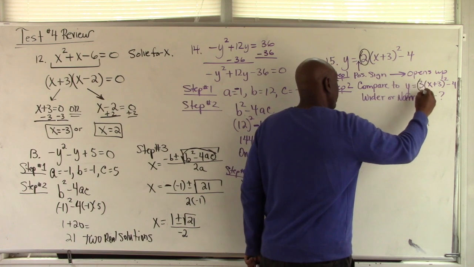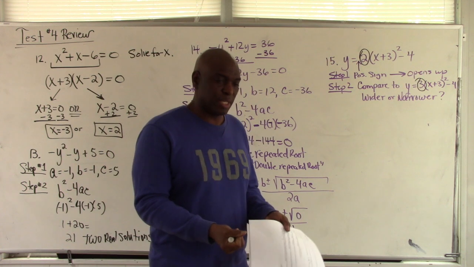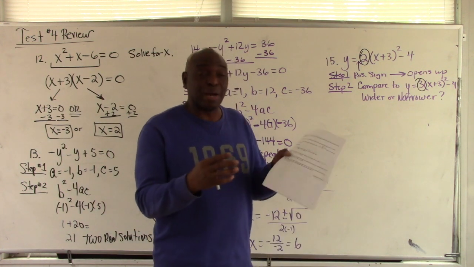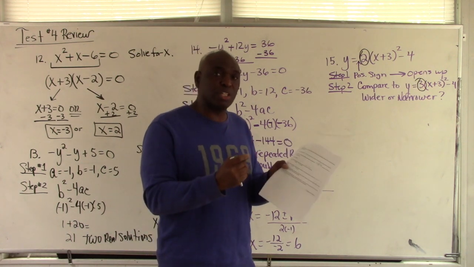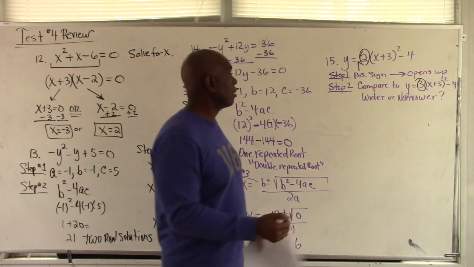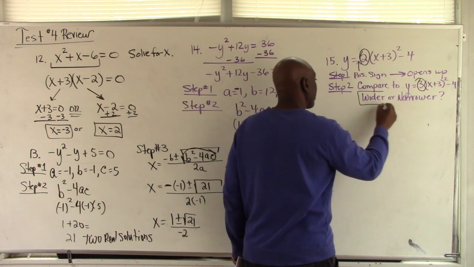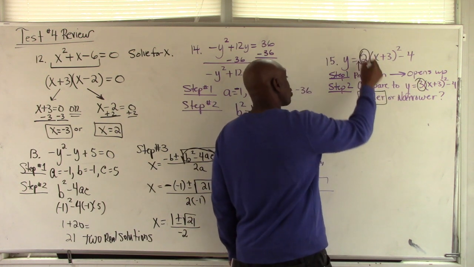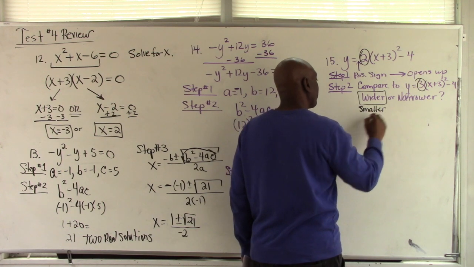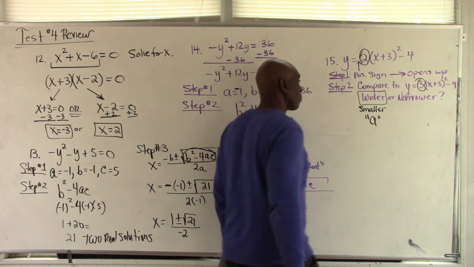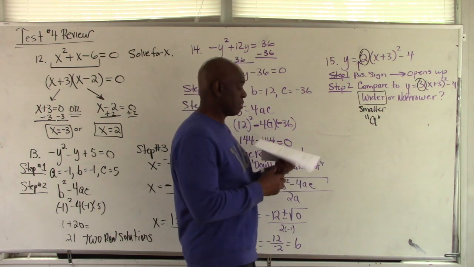This number here is 3. And the smaller that lead coefficient is, the wider the parabola is. The smaller the lead coefficient, the wider the parabola. So this parabola here is wider because the A is smaller. It has a smaller A. So it's wider. Okay?